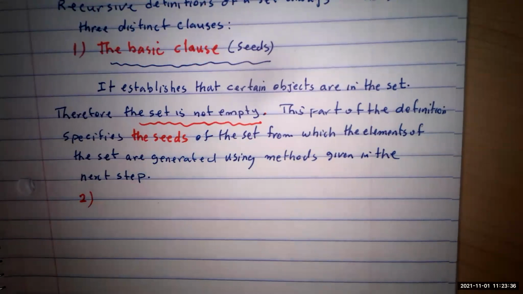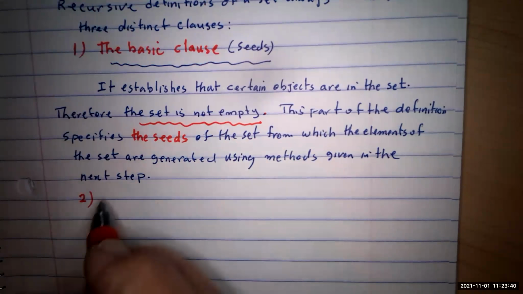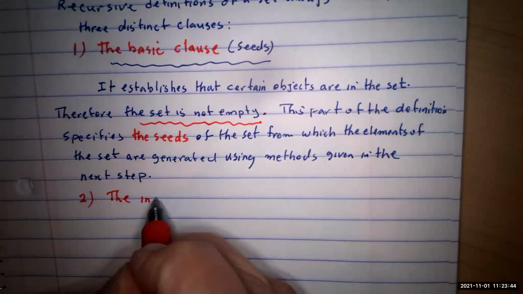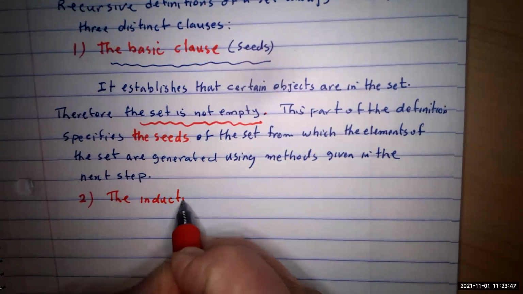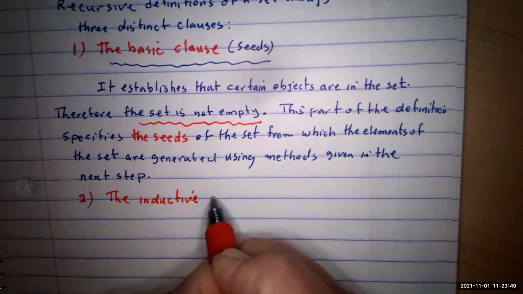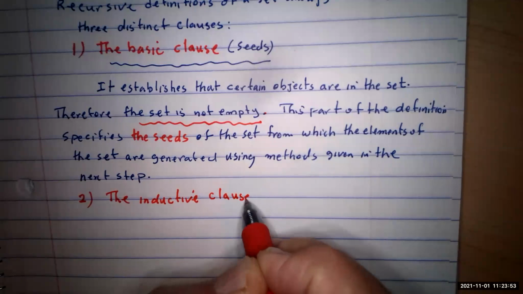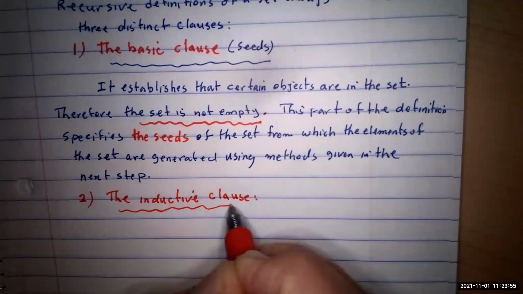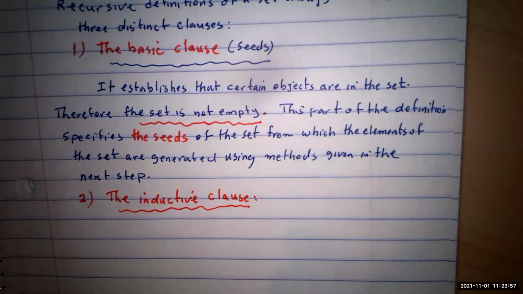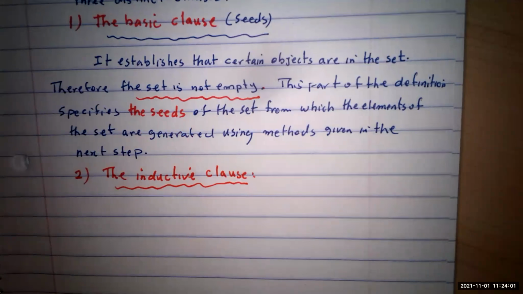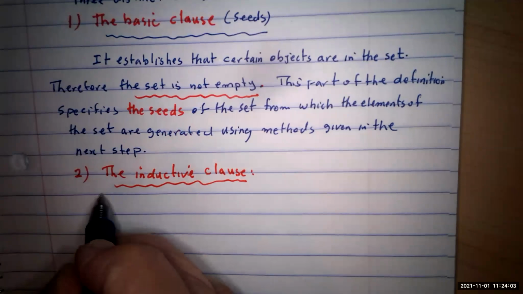Second part. You have to give us a roadmap. What's the roadmap? The roadmap is called the inductive clause. In your book, they call it the recursive clause. The inductive one is going to be something that you'll be able to repeat over and over and over. So this is the method that we need.